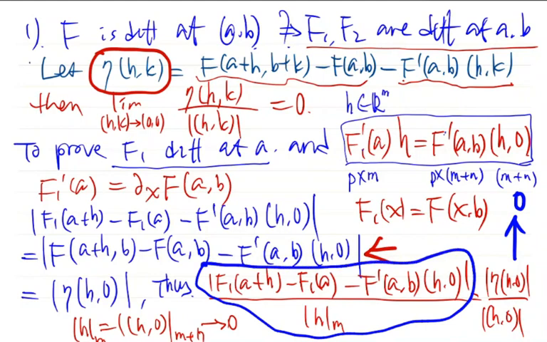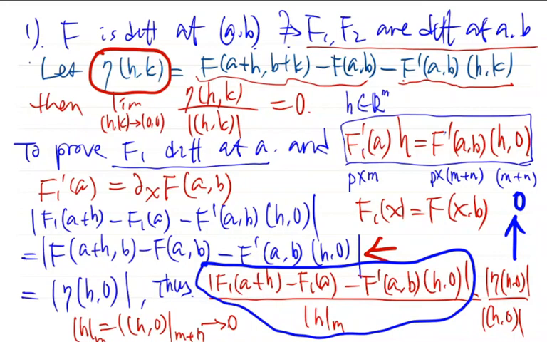So this goes to 0 means that f1 is differentiable at the point a, and the derivative of f1 at the point a is given by F prime at (a, b) acting on (h, 0).